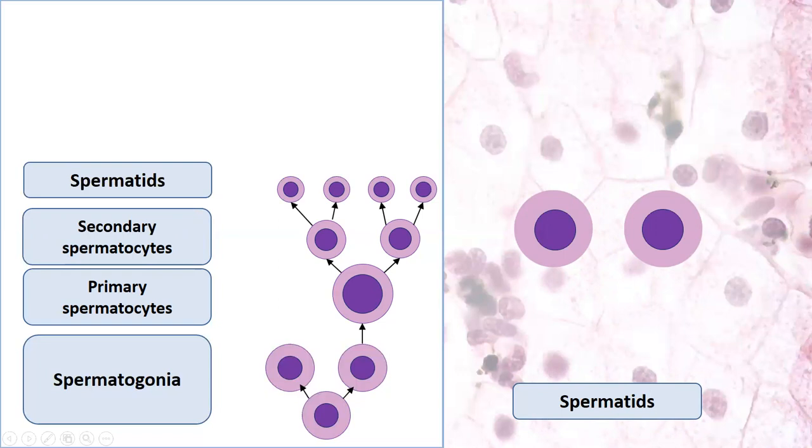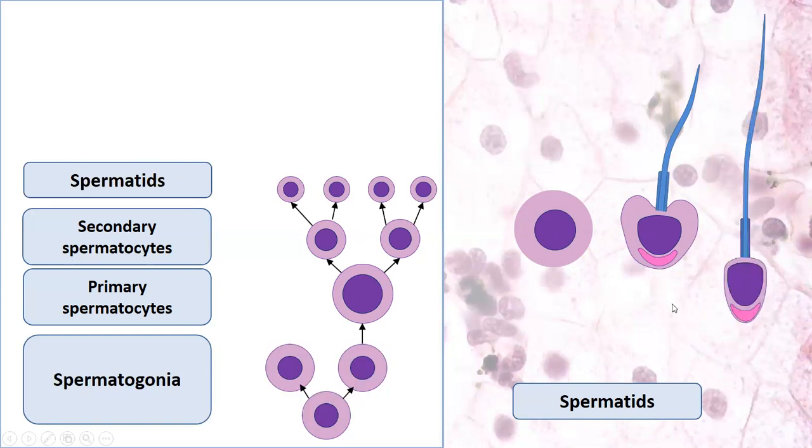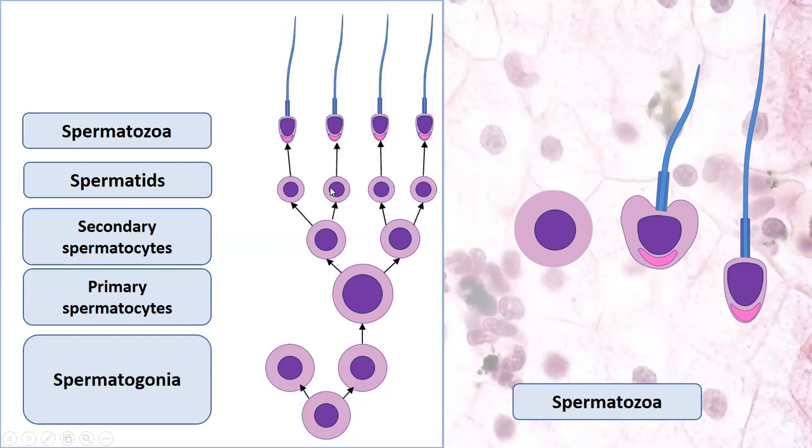After that, spermatids undergo some changes. They are round cells, and they don't have a flagellum, tail or acrosome, so they undergo some changes. Special organelles appear, and as a result of this process, spermatozoa develop. Here we can see that the final stage of spermatogenesis is the formation of spermatozoa.